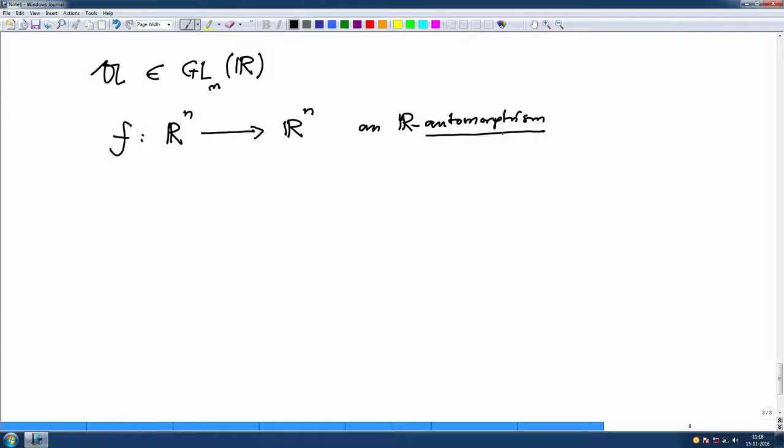See, for an automorphism you have to fix the origin, but the map may not fix anything. So I even want to consider what are called R-affine linear maps.